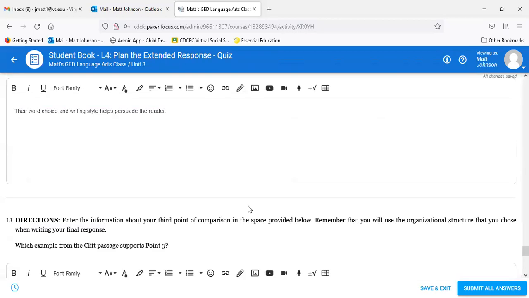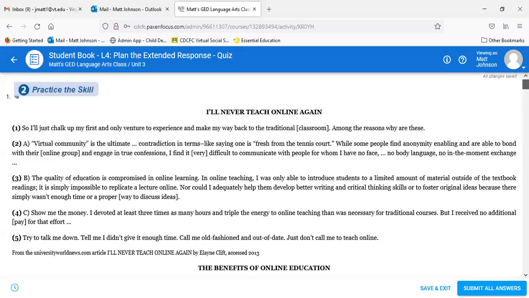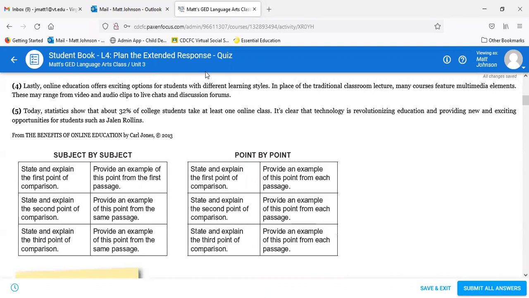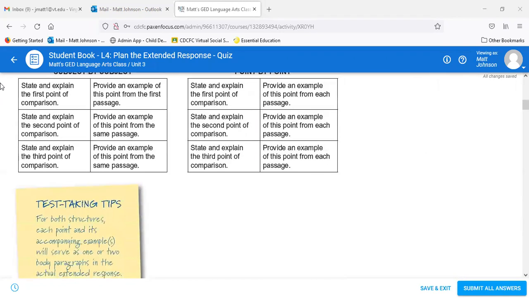You see, right, how that works. So whether it was point by point or subject by subject, you can build your outline the same way, right? You just state and explain the first point of comparison, and then you do explanation. You give an example for the point from each passage for point by point. You do one passage in subject by subject, and then you go to the next one.